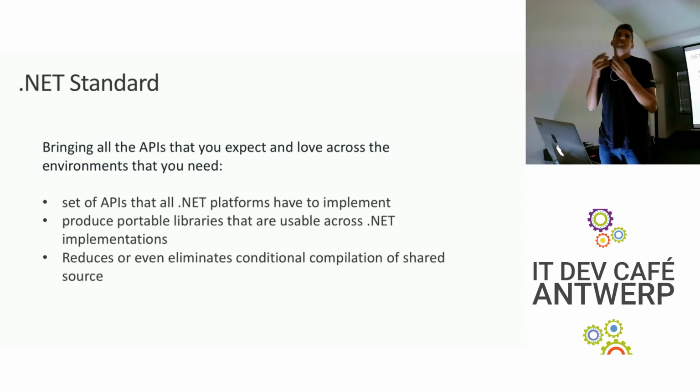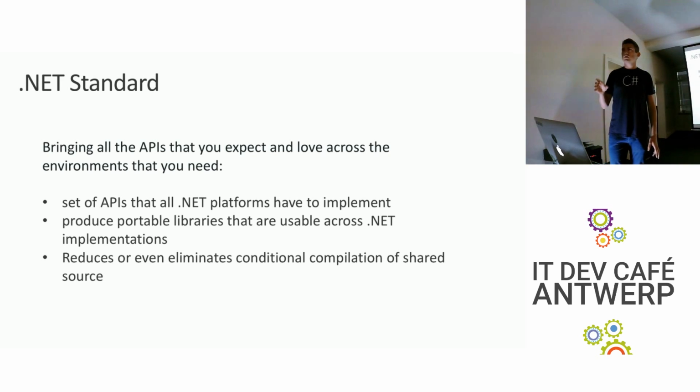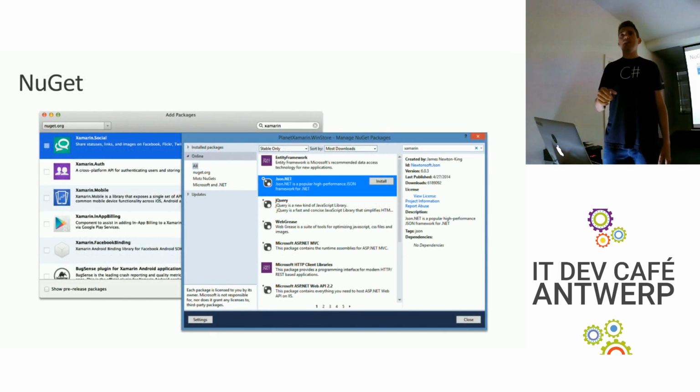Basically, it's the correct implementation of PCL, where all the .NET runtimes, so all the different platforms, will support the same set of APIs, and then you can just say, okay, if I'm supporting a version of .NET, I know that all these platforms will support the exact set of APIs. .NET Standard 2 is on the way, and I think in Xamarin 10.14 they will have support for .NET Standard 2, I think.